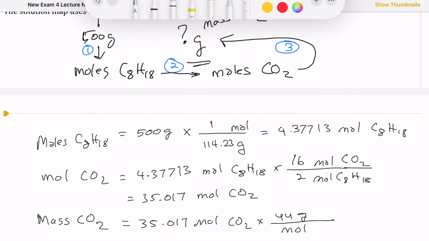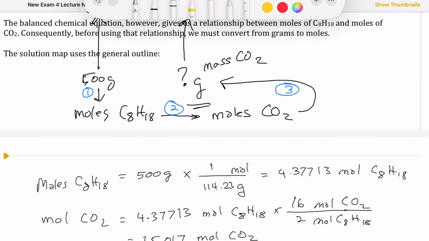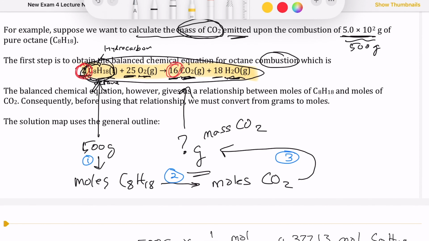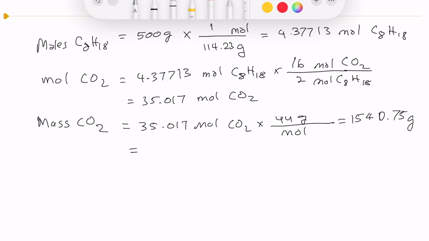When I do that, I end up getting about 1541, well, it's 1540.75 grams, which I'm going to write in scientific notation. Now I have to think about the significant figures. Originally, I was given 5.0, so that's a 2 sig fig number. So the answer would be 1.5 times 10 to the third grams of CO2.